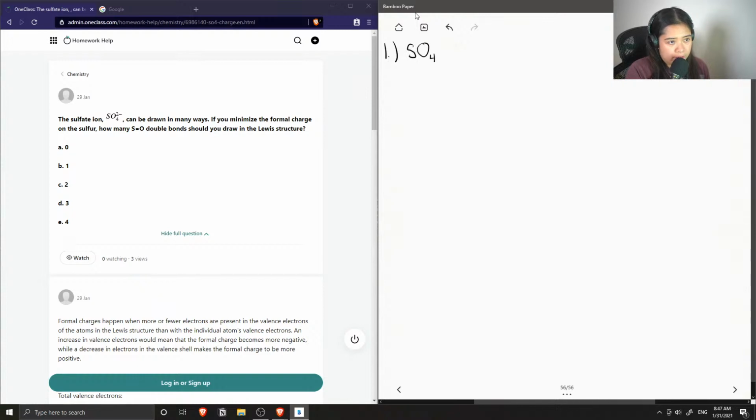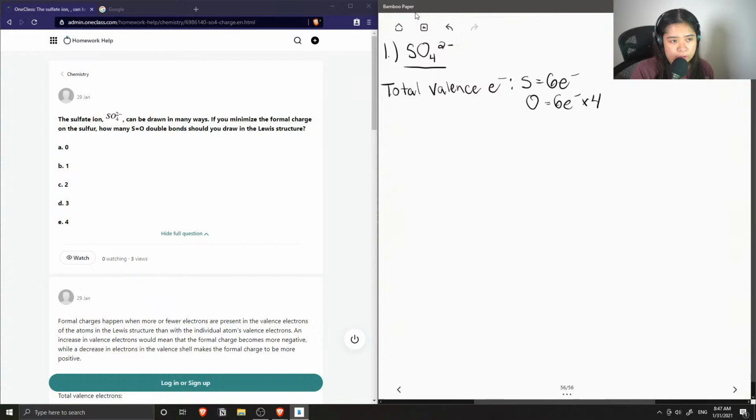And when we write Lewis structures, we first need to find out the total number of valence electrons for this ion. Sulfur contains 6 electrons, and oxygen also has 6, but since there are 4 oxygen atoms, we multiply this by 4.